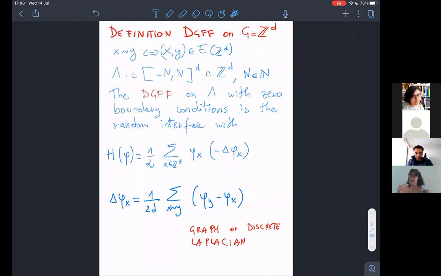And the energy of the configuration for the discrete Gaussian free field has this form. So it's essentially the inner product between the height field and its Laplacian.